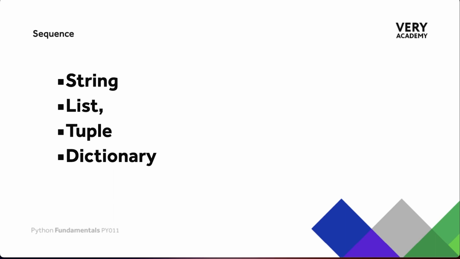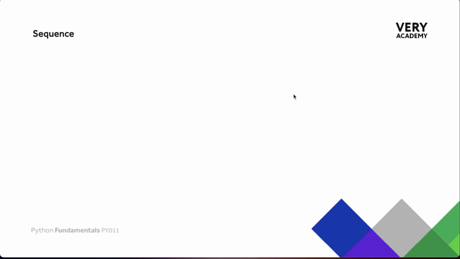These data types all store multiple values, and those values can be iterated over, which means that we can individually look at every single value these data structures are storing. We will learn how to iterate or loop through these data structures.